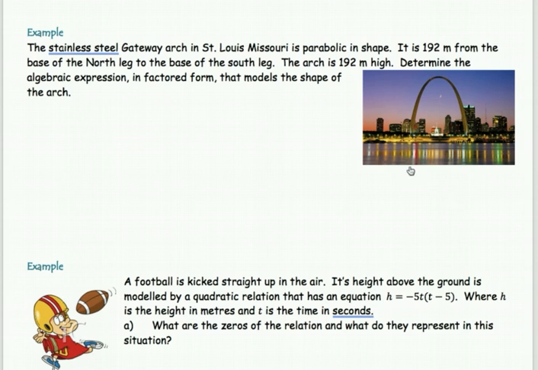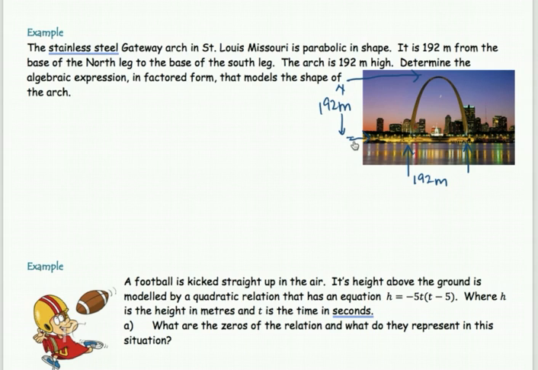So let's say from here to here, from that leg to that leg, the base, it's 192 meters, okay? And the arch is 192 meters high. So again, if we're measuring how high the arch is here, from the bottom to the top of it, it's 192 meters as well.